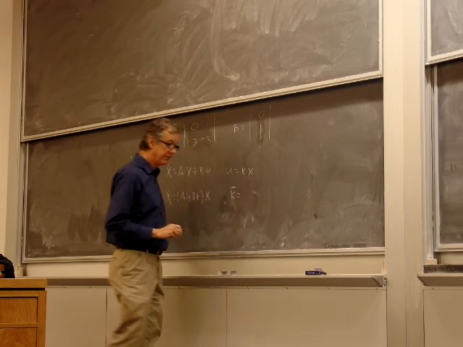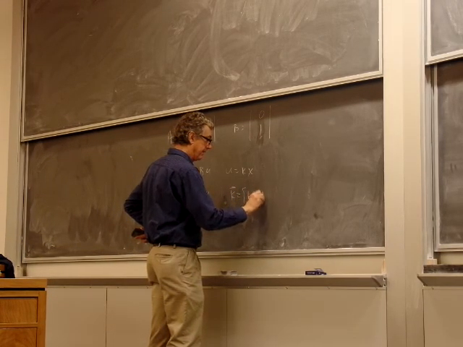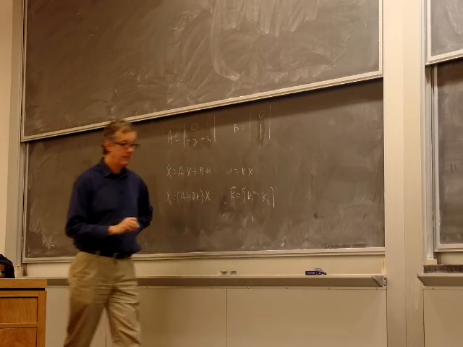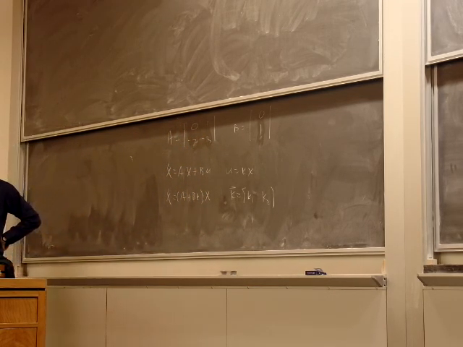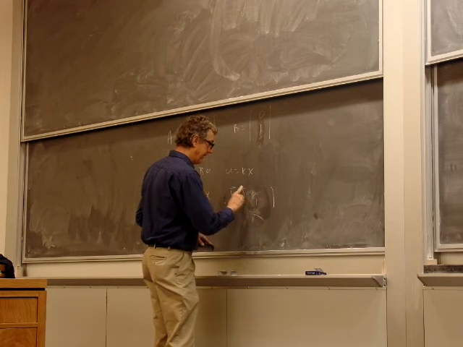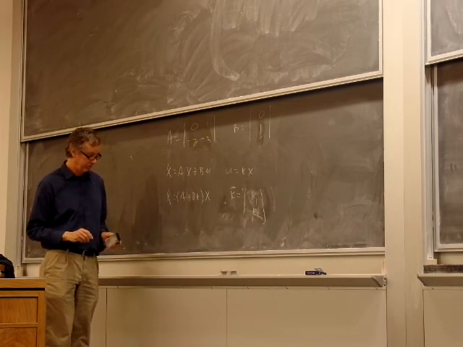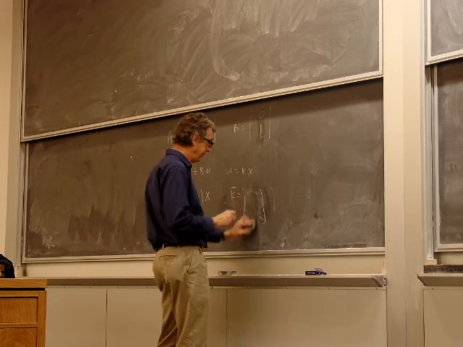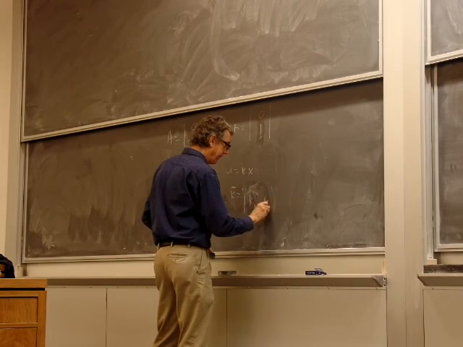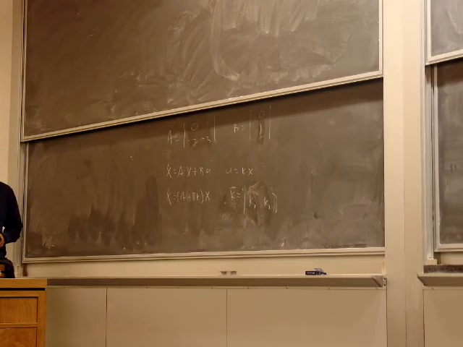It's a row vector. What's B times K? I'm sorry, every column. So K does have to be a row vector. What's B times K?